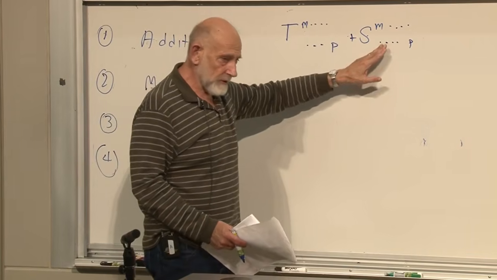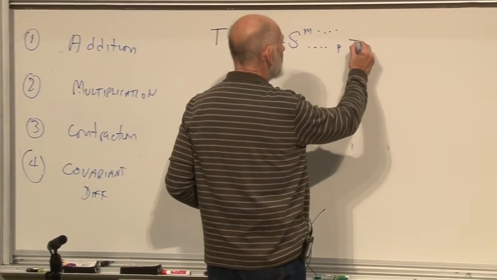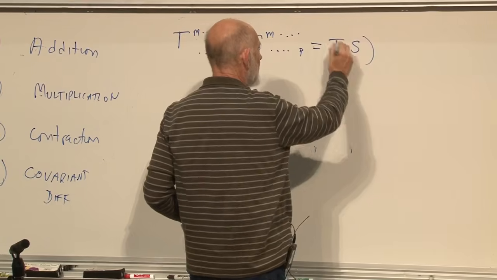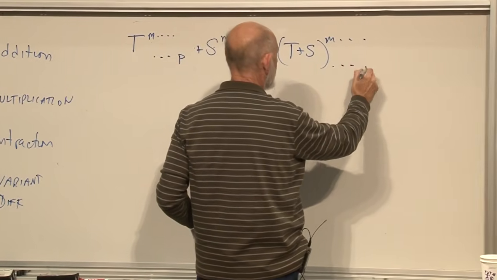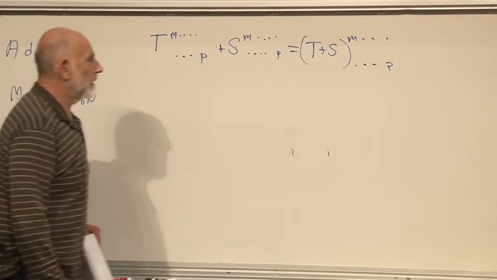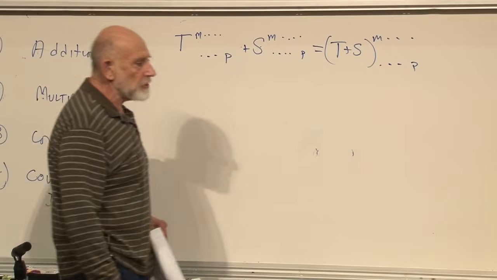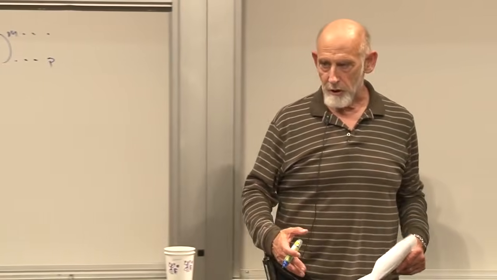If the indices match, then you are permitted to add them and construct a new tensor, which I'll just call T plus S, M dot, dot, dot, P. In other words, the thing which is just the sum of the indices defines a new tensor, which is the sum of the two tensors.